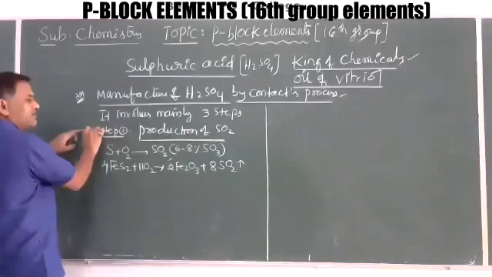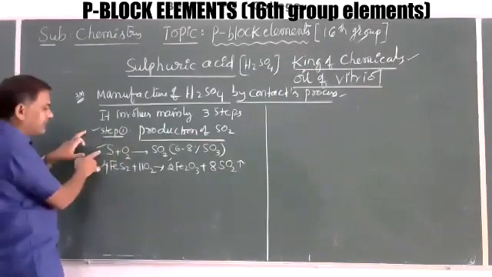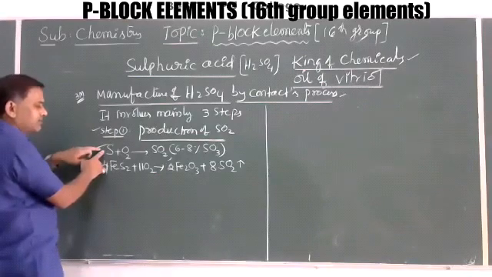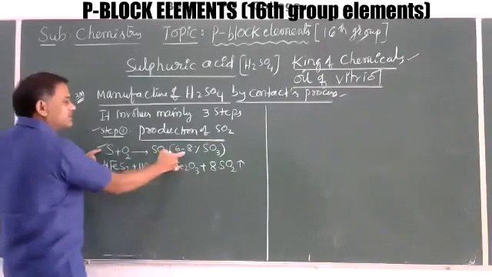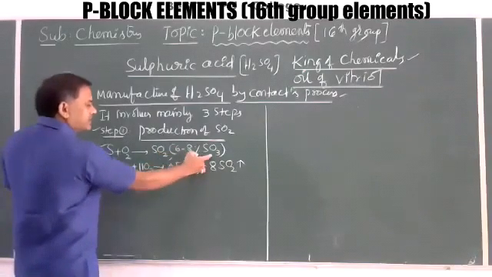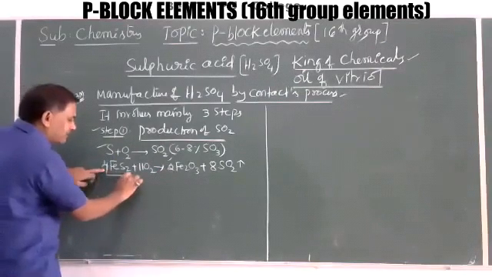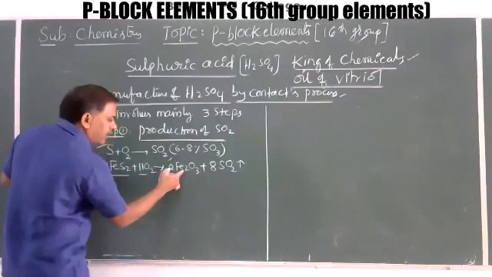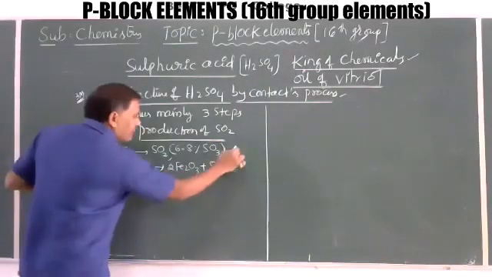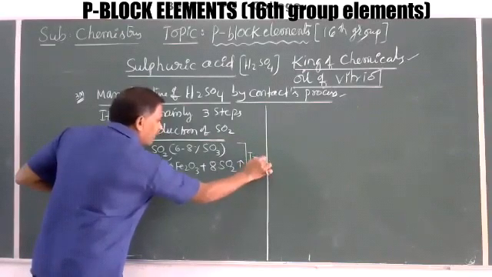So in the first step, the production of sulfur dioxide, direct complete burning of sulfur gives sulfur dioxide, along with 6 to 8% sulfur trioxide. Now the iron pyrites on complete burning gives sulfur dioxide, and Fe2O3 is present. The obtained sulfur dioxide is not pure, it is impure.